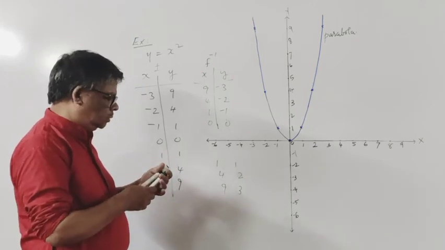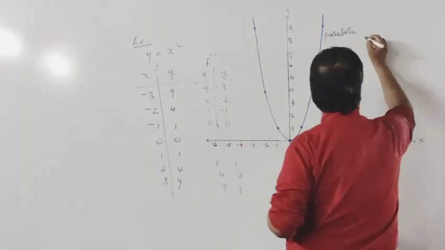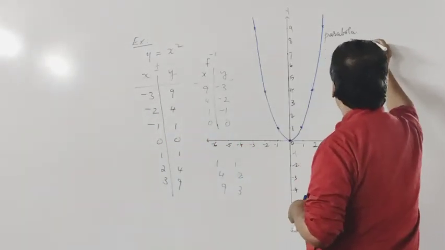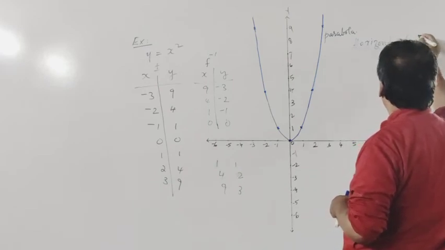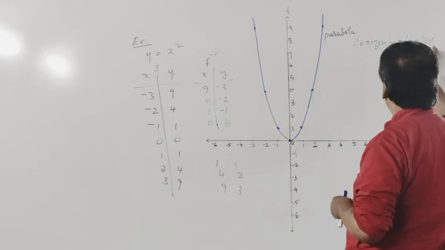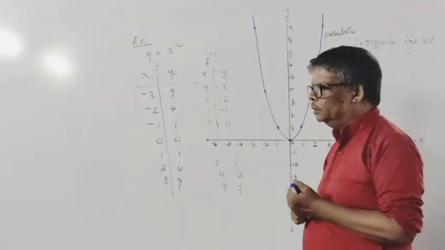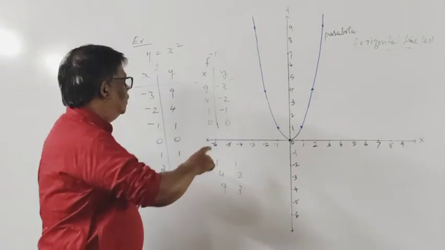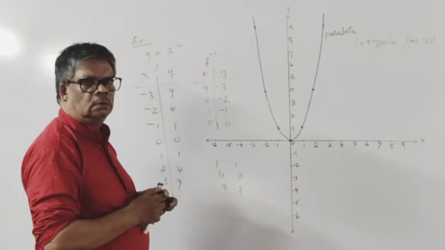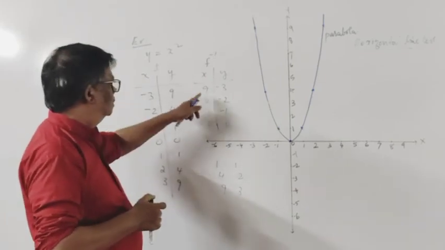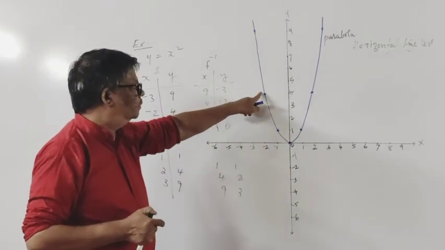There is a test which is known as the horizontal line test. This test is used to find if the function is invertible, meaning the f inverse is also a function. That is the meaning of telling f is invertible.